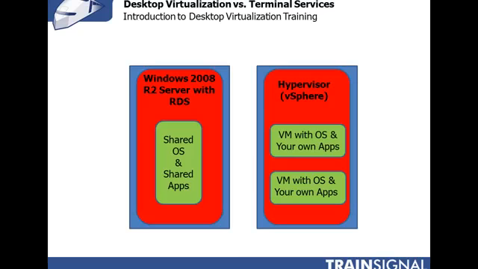And then out there somewhere is a connection broker that's directing those end users to their particular virtual machine that has their applications and their customizations. So again, just a simple graphic that depicts the difference between Windows Server with remote desktop services, or even using Citrix XenApp on top of it, versus a hypervisor solution that's using VDI with a connection broker to implement desktop virtualization.